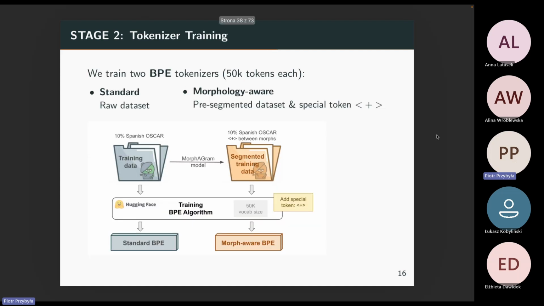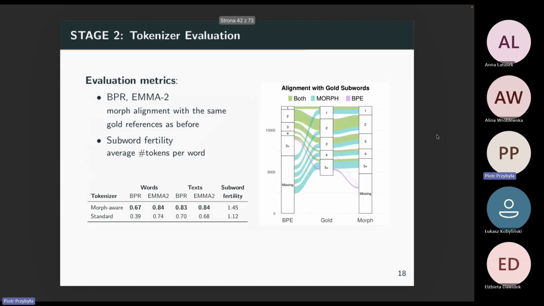So we can't control it perfectly, and this is the price we pay for using BPE instead of using our tokenizer directly: the performance of following the tokenization that we want is dropping a bit. However, it's still quite good. So this is another illustration, this time in terms of morphs.